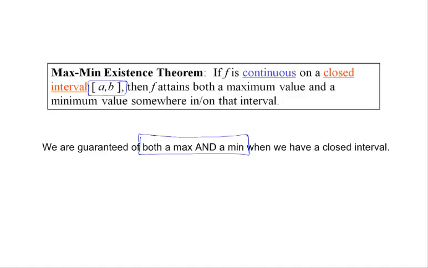I also want to just interject that, remember, the max means global or absolute. The min means global or absolute. When we have these word problems, we're looking for absolute extreme values.